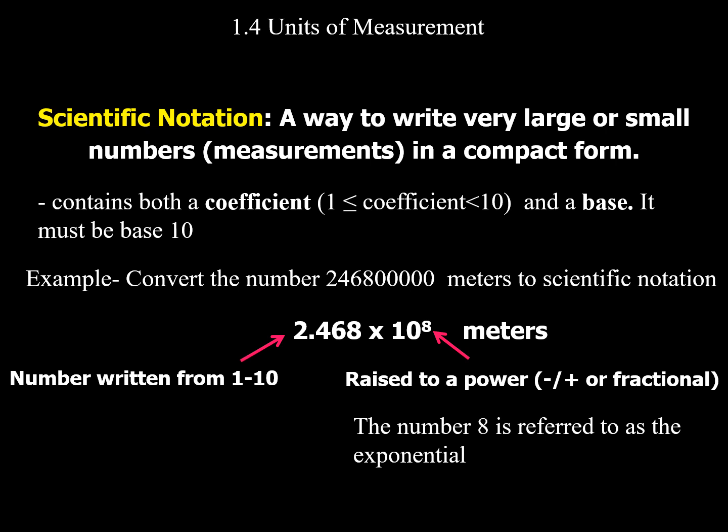You should really be one with your calculator, because on exams, the last thing you want is to run out of time because you don't know how to do scientific notation, or how to use your log button, or the square root button, or the square button. You need to be familiar with where these things are on your calculator so you don't lose time. So section 1.4, units of measurement, will continue.